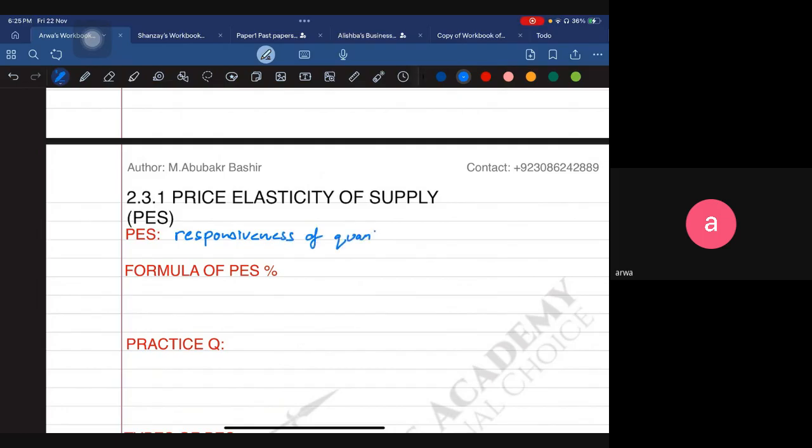The formula of PES: this would be percentage change in quantity supplied over percentage change in price.